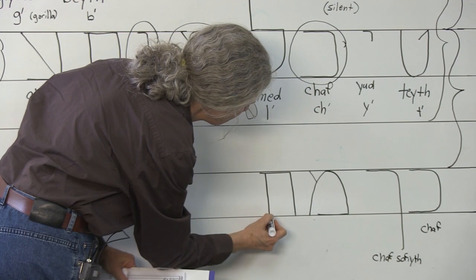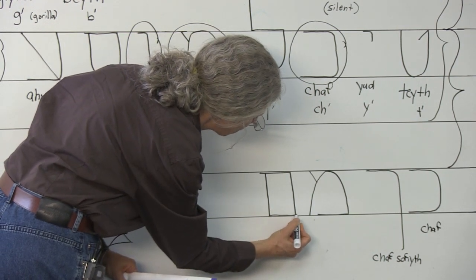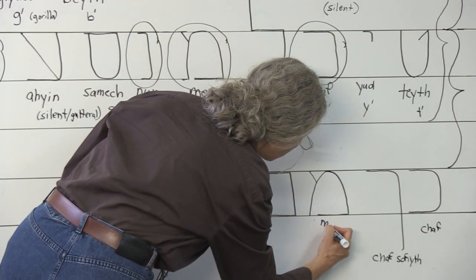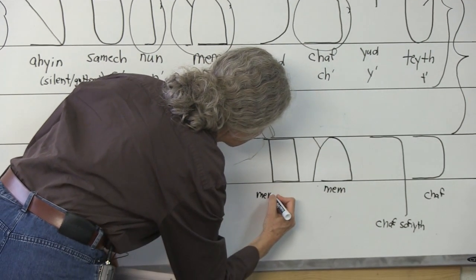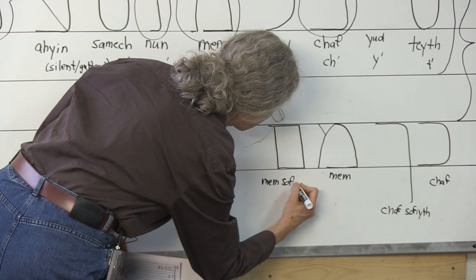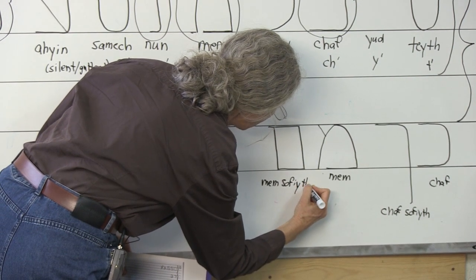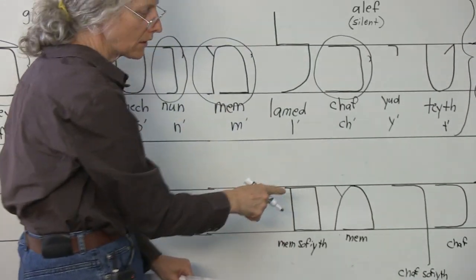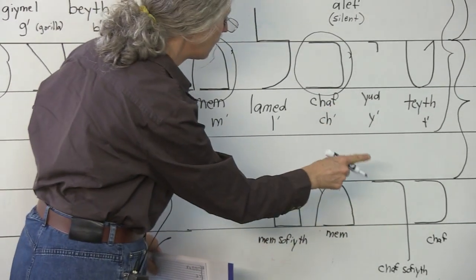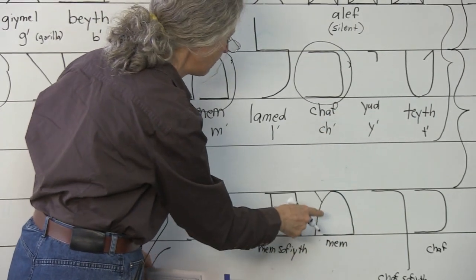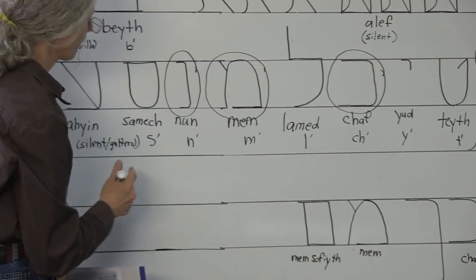Go straight down and go straight across. That's a Mem Sofyth. So this is Mem, Mem Sofyth. Okay, but it's still the M sound, right? And the Chaf is still the Chaf sound. So Chaf Sofyth, Mem Sofyth.